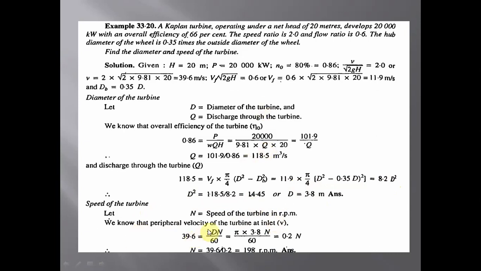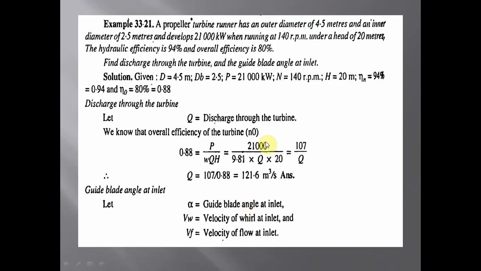We also know that the peripheral velocity of the turbine at inlet V equal to 39.6 is pi D N upon 60, that is pi into 3.9 into N by 60, that is equal to 0.2 N. Therefore N is equal to 39.6 divided by 0.2, that is 198 rotations per minute. Okay.